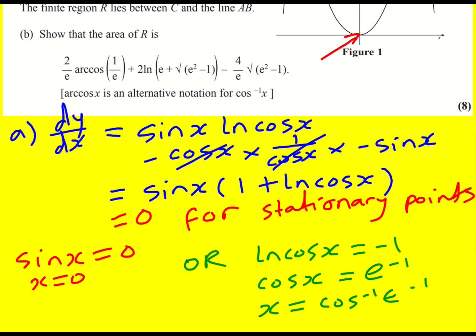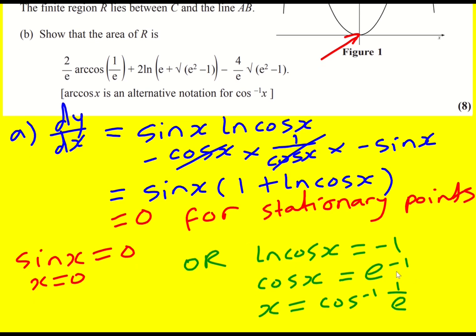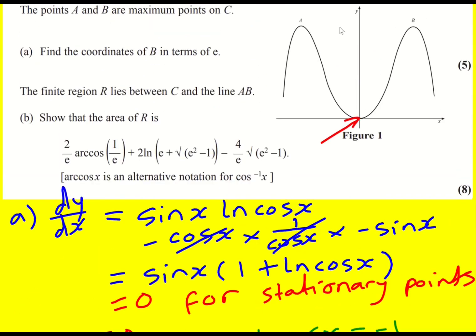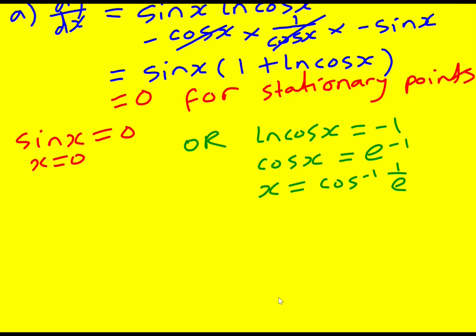Or actually, let me write it as 1 over e. So that is going to be our value. Now this will lead to two possible values, the a and b. So the one we're interested in is the positive one.